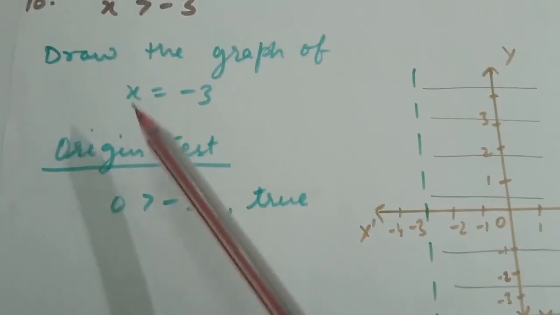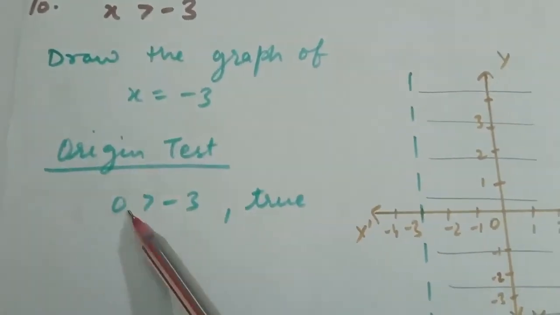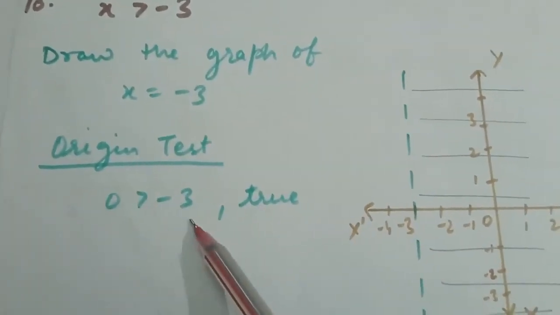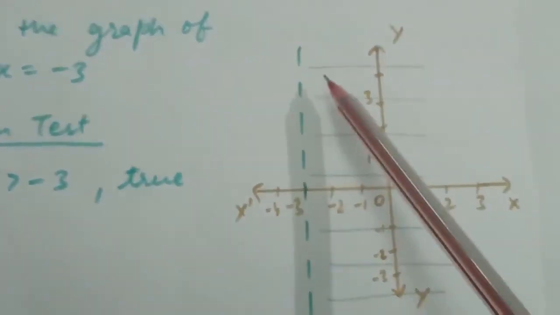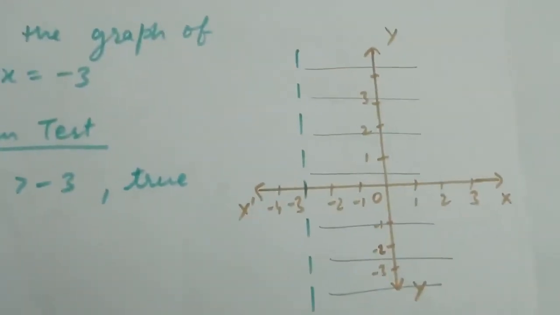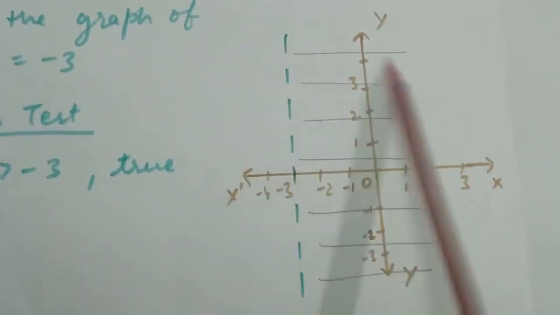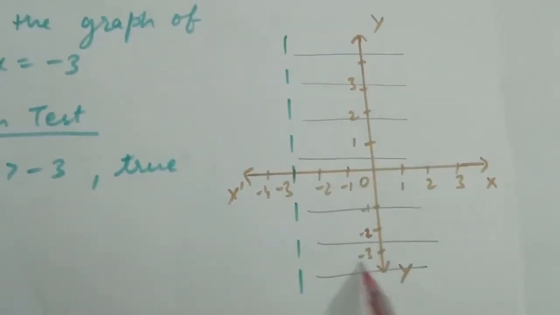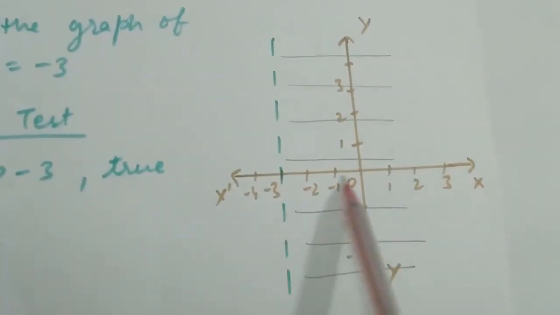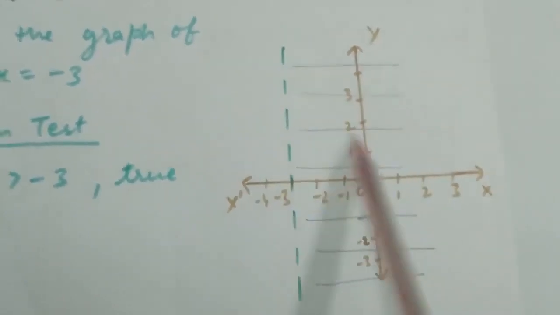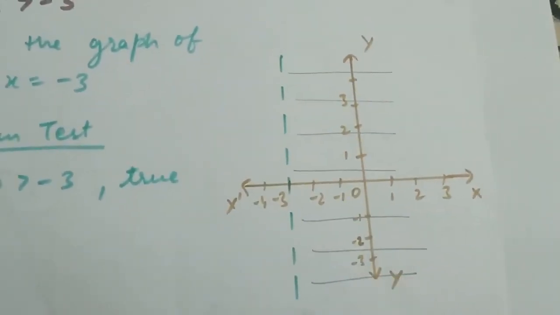Now for the origin test, in place of x put 0. 0 is greater than minus 3, which is true, right? Therefore, we will shade the portion towards the origin. So this will be the solution. As you can see, x is greater than minus 3. So this is the area where x is increasing, right? So this is our solution of this inequality.